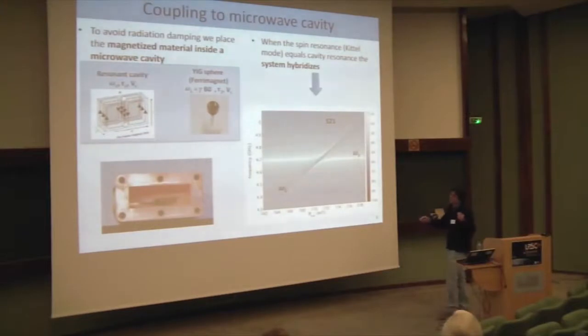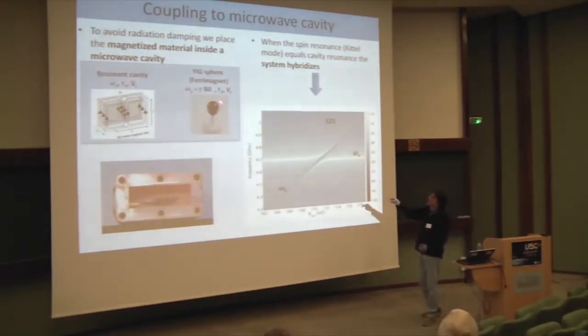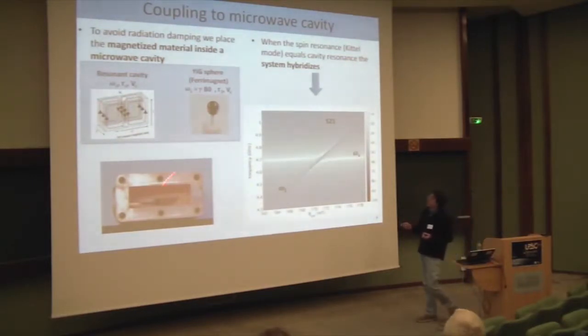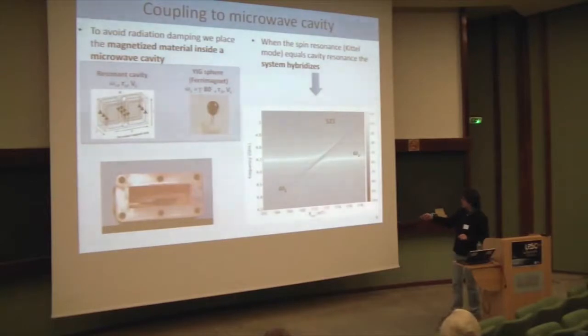When you couple them together, when the resonance frequency of the cavity and the resonance frequency that corresponds to the ferromagnetic Larmor frequency of the sample are the same, and if the coupling is sufficiently strong, so that means that you have enough number of spins, the two oscillators hybridize together. What you see in this plot is the static magnetic field, which is changing the Larmor frequency, and this is the cavity resonance frequency.